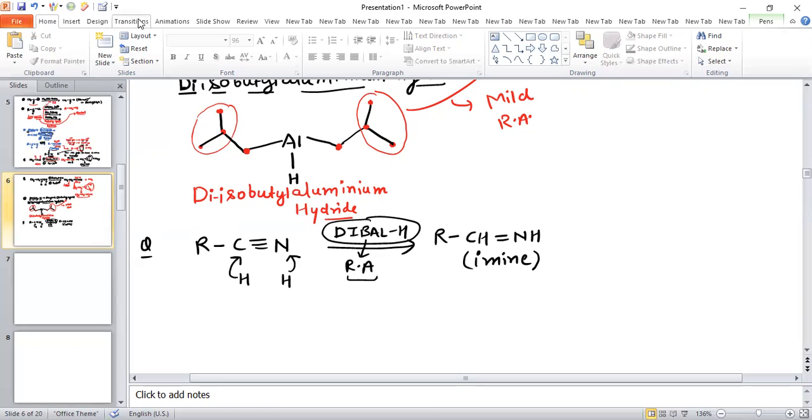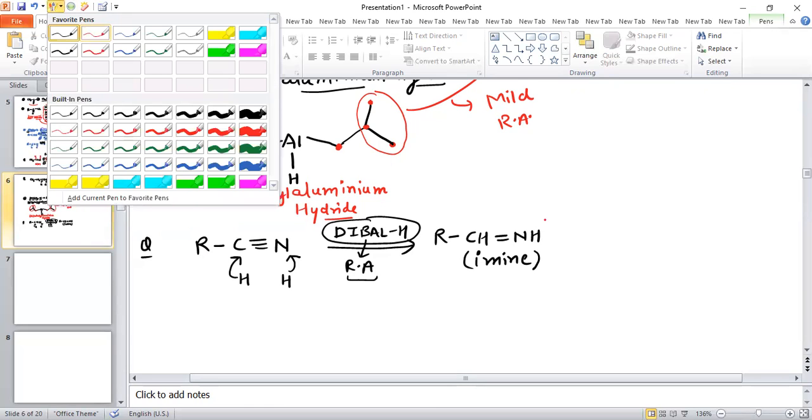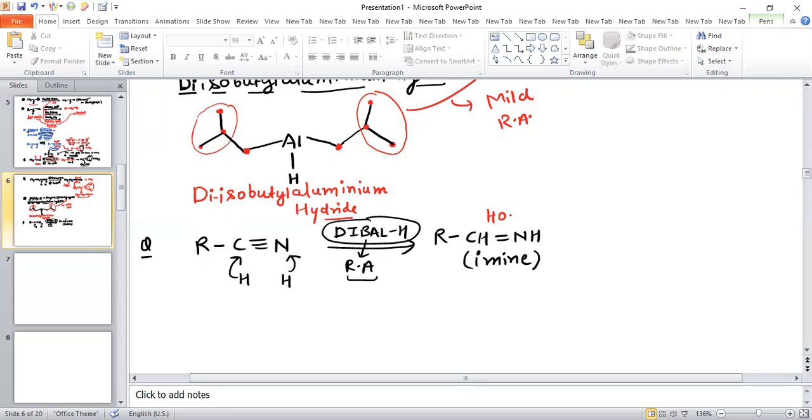Again hydrolysis takes place, as in the case of Stephen reduction. OH and H part is there. So this H will be added to nitrogen, and these two OH groups will be added on this carbon. So it will form RCH with two OH groups. Now you can easily see, in this way water is removed.